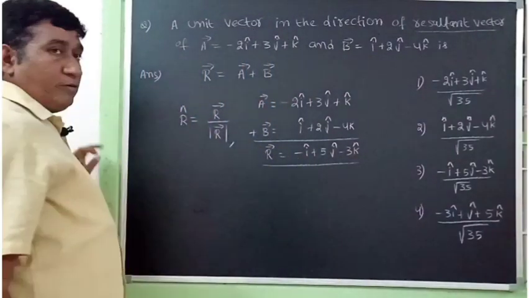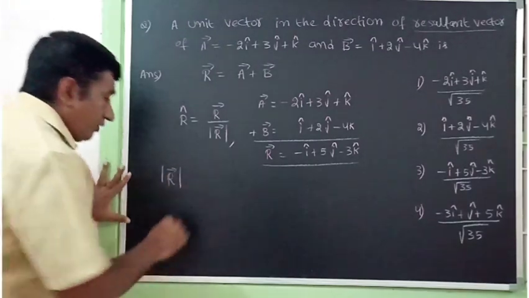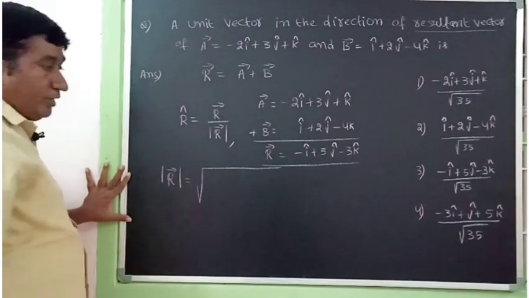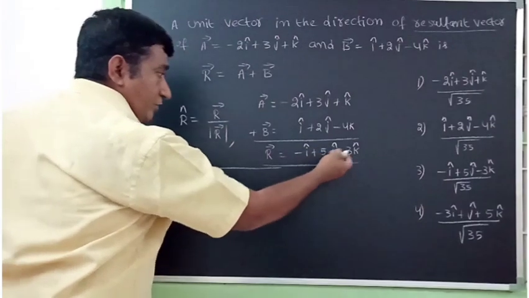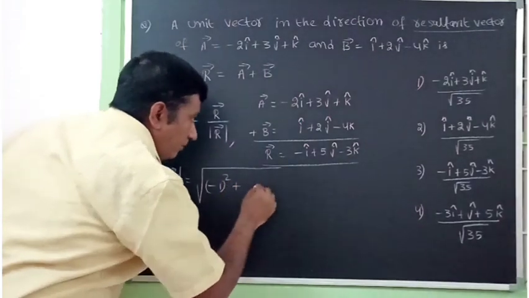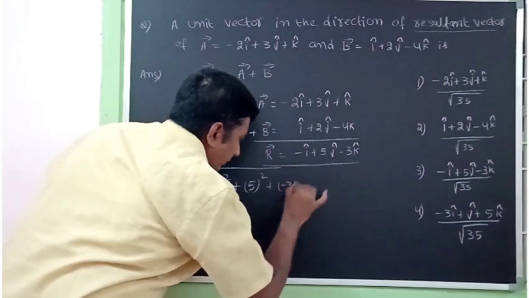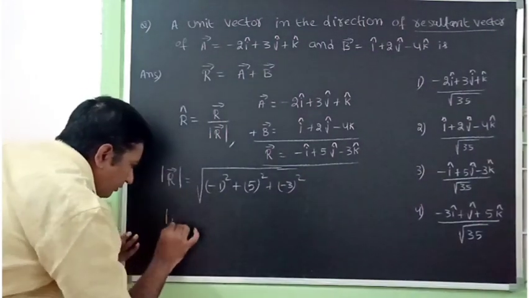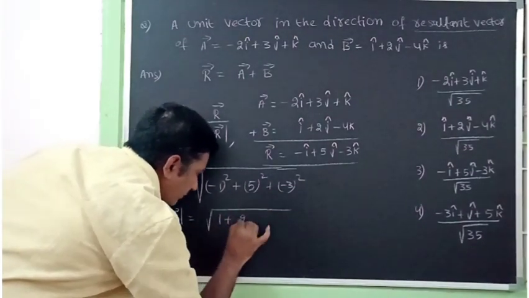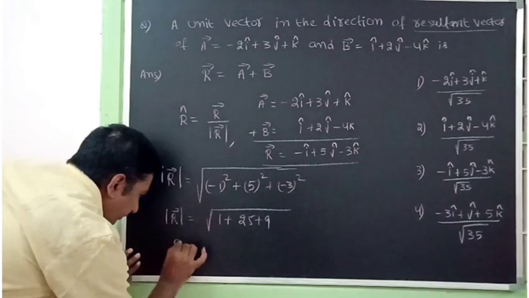Now I have obtained R vector. Next, the modulus of R vector, which is equal to root of Rx square plus Ry square plus Rz square. So minus 1 whole square plus 5 whole square plus minus 3 whole square, which I can get as modulus of R vector equal to root of 1 plus 25 plus 9, which is nothing but 35.